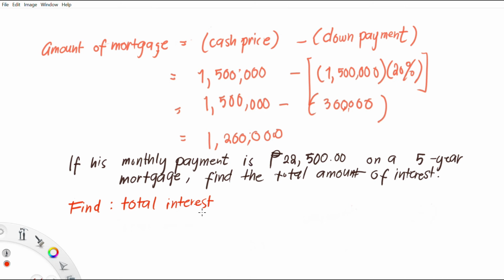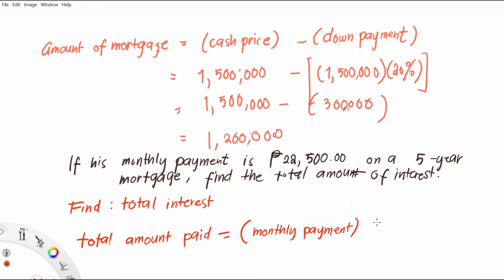Before we find this, we first have to solve for the total amount paid, which is the monthly payment times the period.